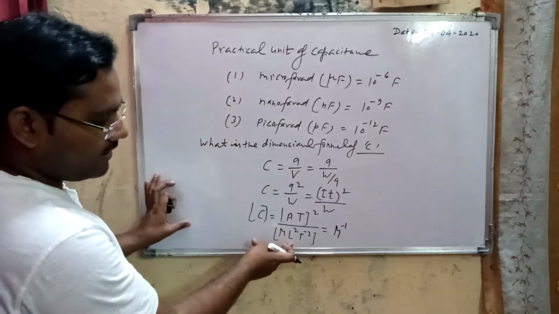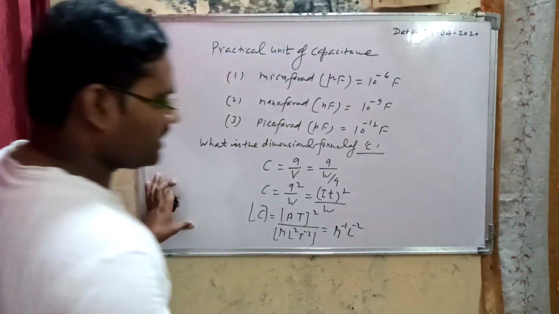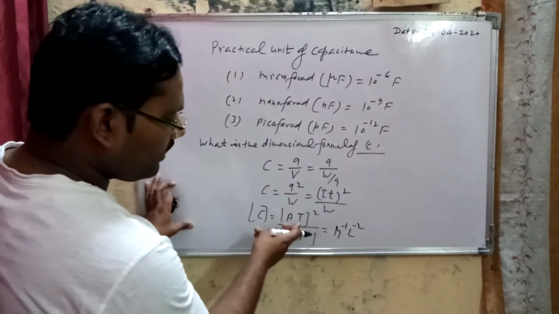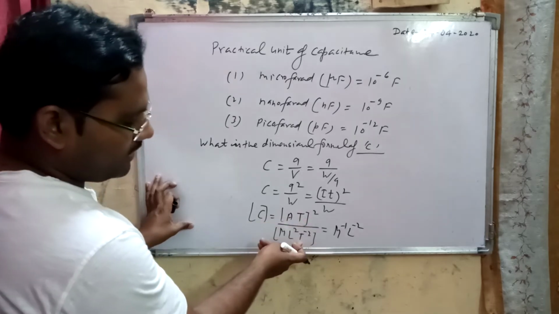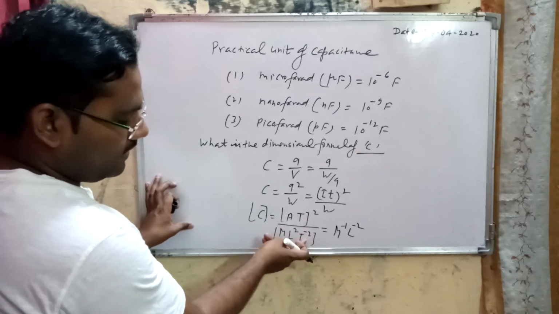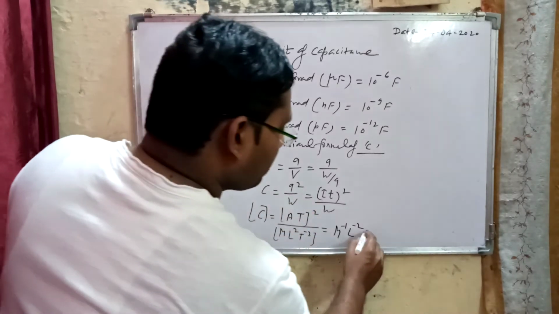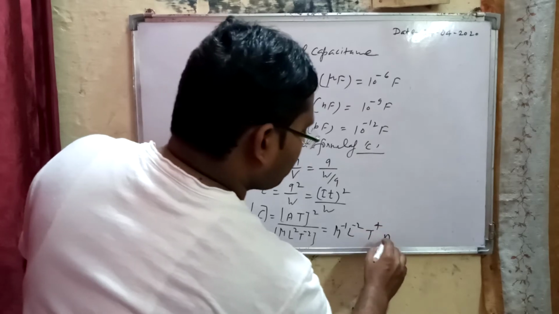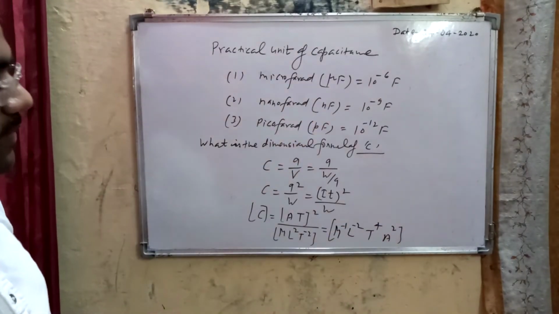Here L square in the denominator comes in the numerator, that means L to the power minus 2. Here T square, and T power minus 2 in the denominator comes in the numerator, then here T power 4 and here A power 2. This one is the dimension formula of capacitance.